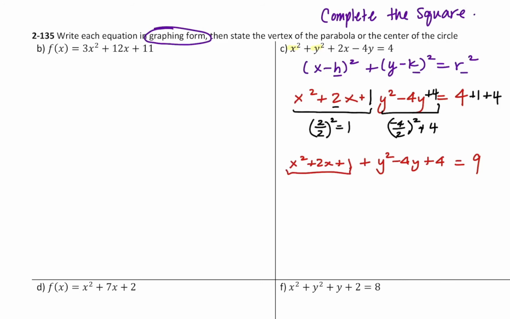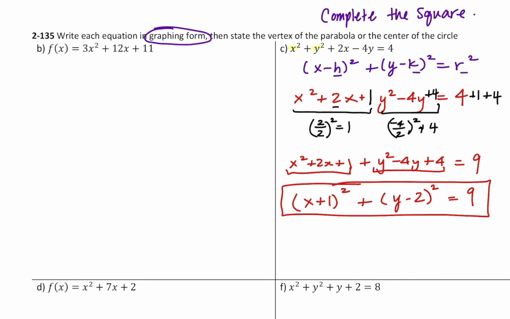And this is a perfect square trinomial. So let's write it in factored form: (x + 1)² + (y − 2)² = 9. This is my graphing form equation.